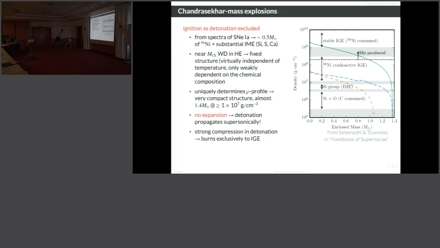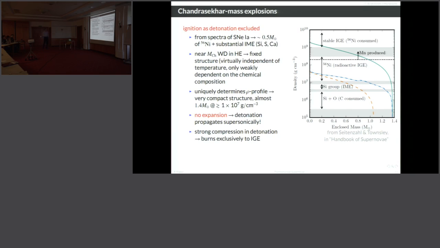The reason for this is that a detonation is supersonic, so there is no pre-expansion of the material. So once you ignite the detonation in the center, it will propagate outwards supersonically, and the material ahead of the detonation will not know that any energy release happens behind it, because there's no causal contact, because the detonation is supersonic. So the material ahead of the flame does not pre-expand.